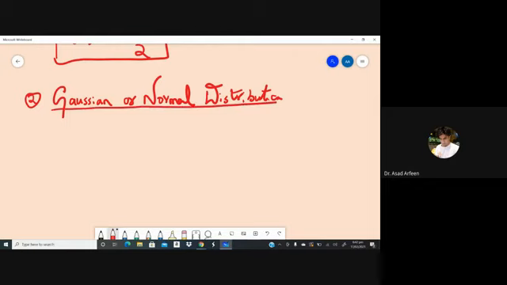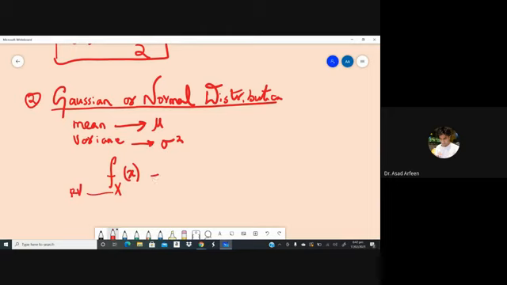This is quite commonly observed in case of internet traffic, and it is parameterized by two parameters, mean value and variance. Mean is denoted by mu, and the variance is denoted by sigma square.